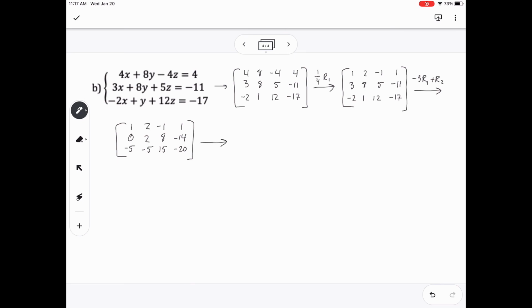For my next one, I want the negative 5 to go away, so I'll multiply the top row by 5 and then add it to the third row.